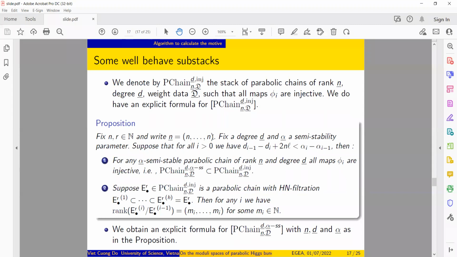At least we can use our very naive approach to do our calculation for a very special substack, the substack of constant rank. This is the first ingredient of our algorithm.